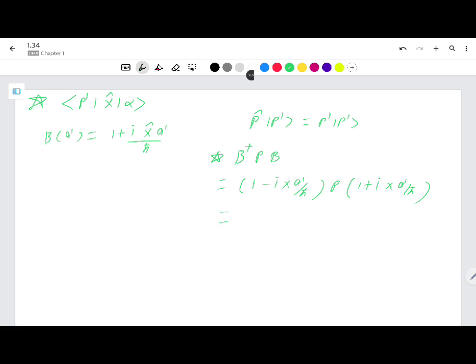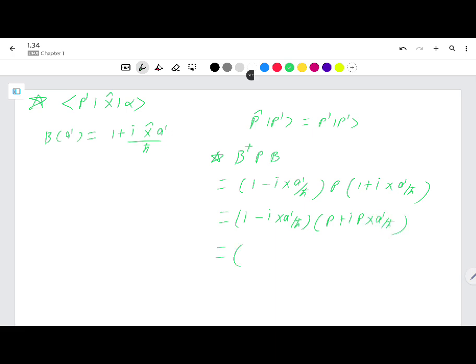So if we do this, keep in mind that order matters here.